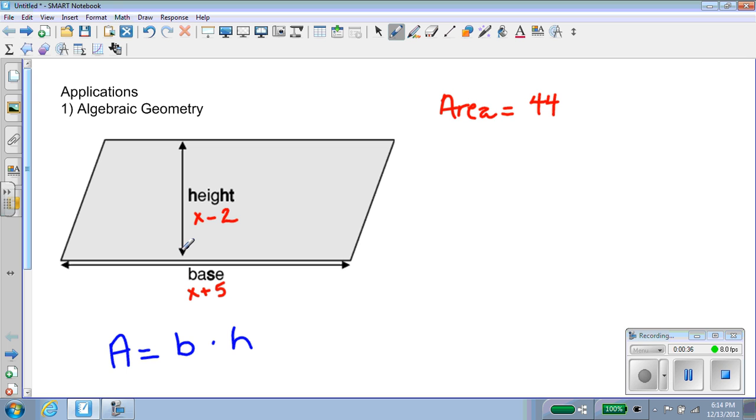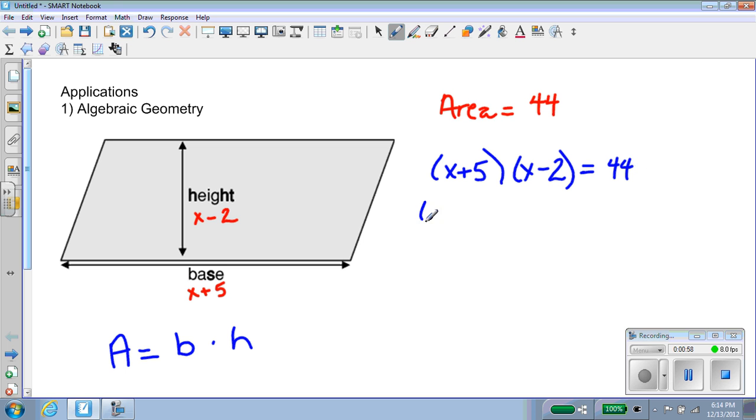So if the base is x plus 5 and the height is x minus 2, and they tell us that the area is 44, now we have an equation that we can solve. Well, it's something times something else, but it doesn't equal 0.